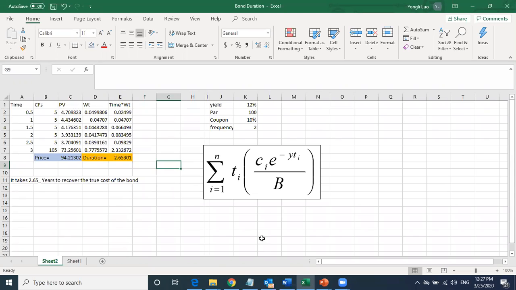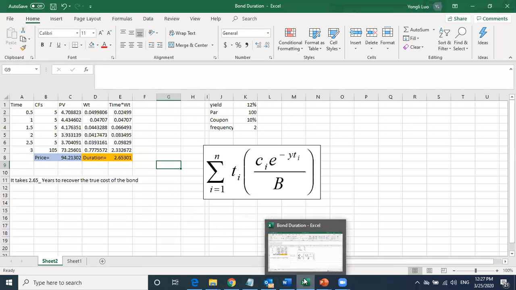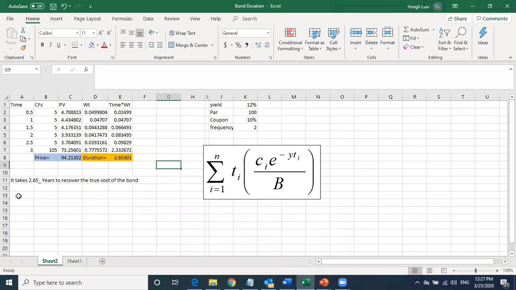Okay, this one is called Macaulay duration. And also we have another one called modified duration.